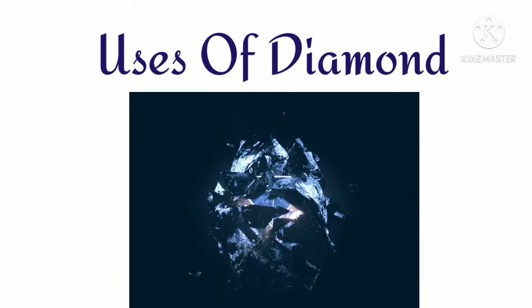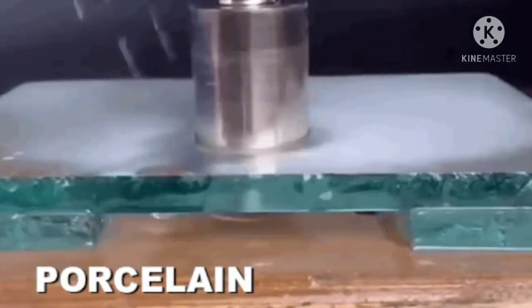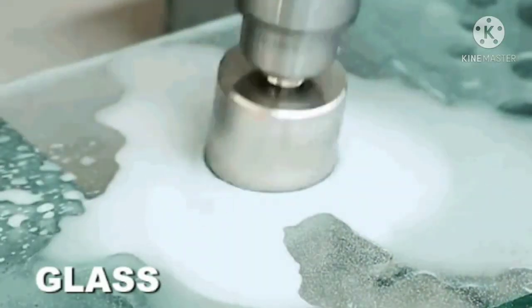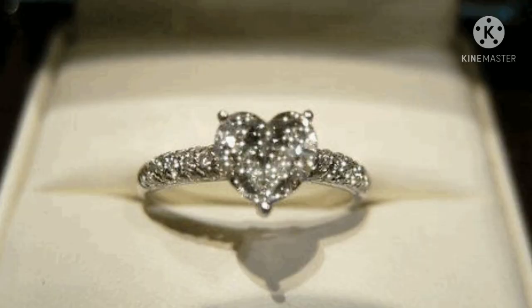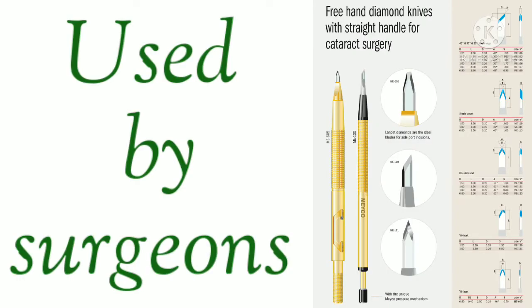Uses of diamond. Diamonds are used in cutting instruments like glass cutters, saw for cutting marble, and in rock drilling equipment. They are used for making jewelry because of their extraordinary brilliance, due to their great ability to reflect and refract light. Sharp-edged diamonds are used by eye surgeons as a tool to remove cataract from eyes.